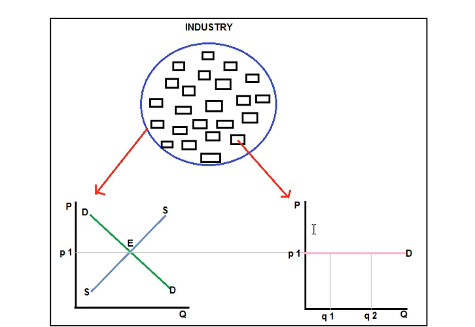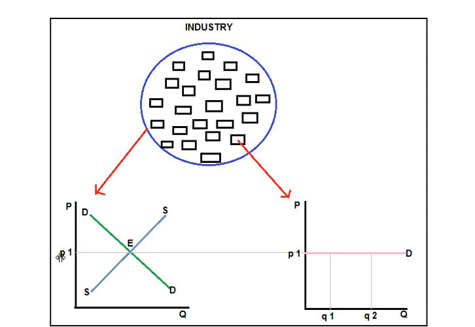Because of this, in the perfect market, this pink demand curve represents a perfectly elastic demand curve. So for the individual producer in the perfect market, its demand curve will be a horizontal line at the level of the market price. So again, market demand and market supply has determined that the price will be P1.